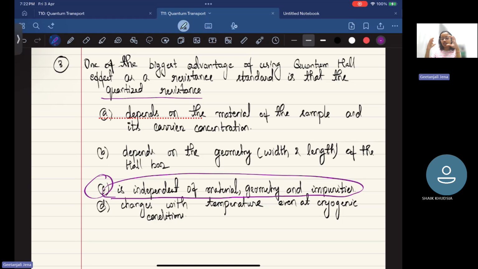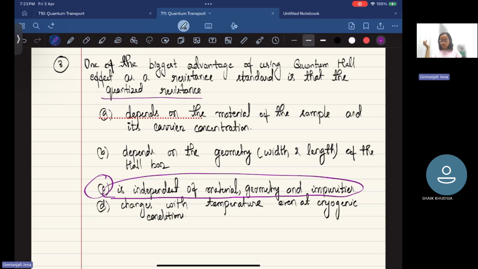But if you recall, resistance is not a material property. It depends on the voltage we apply and the current flowing through it. If we increase the dimension and the standard shows different behavior, we can't use it as a standard. To use it as a standard, the value should remain unchanged and shouldn't depend on any external parameter. That is why we use the quantum Hall effect as a resistance standard.